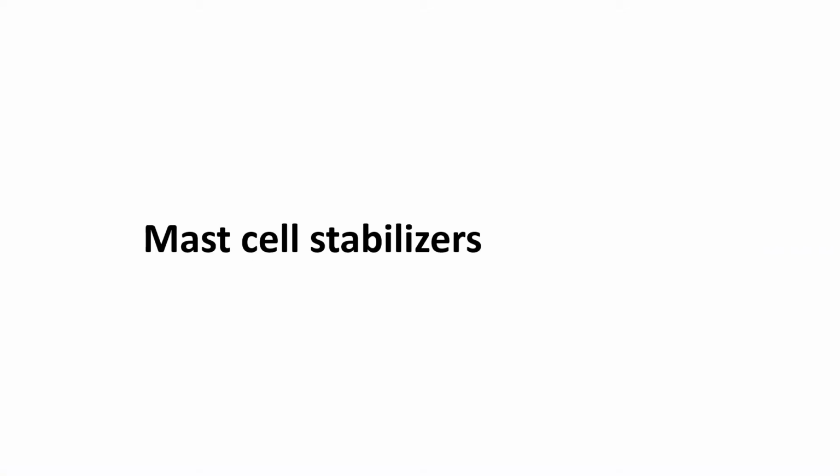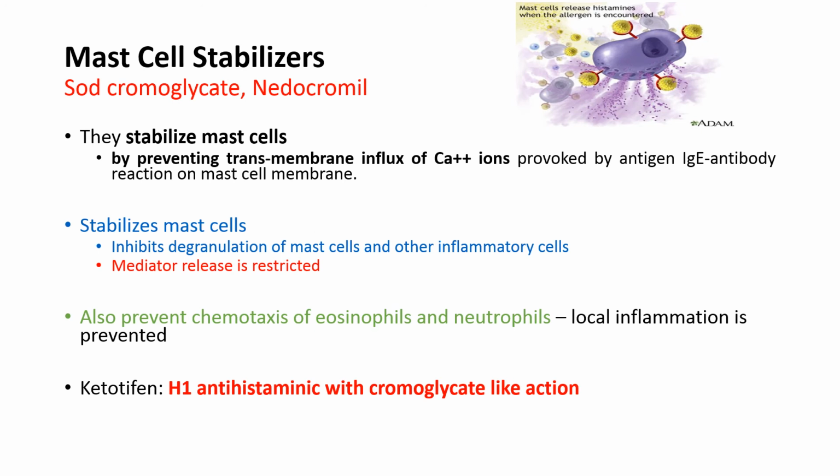Now let us move on to the second class of anti-inflammatory agents, that is mast cell stabilizers. Now the name itself is very clear, mast cell stabilizer. So they stabilize the mast cell. If you stabilize the mast cell, you will inhibit the degranulation of mast cells and other inflammatory cells.